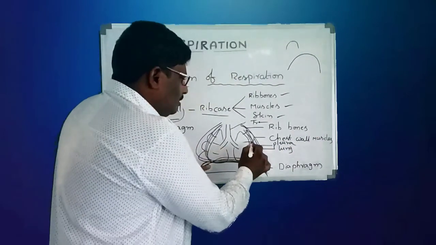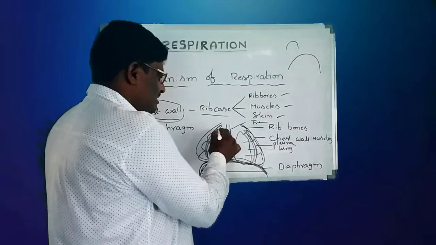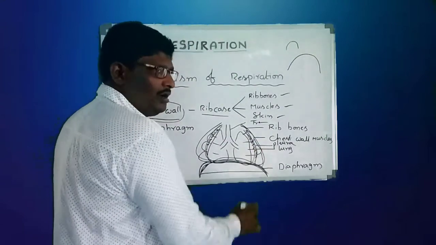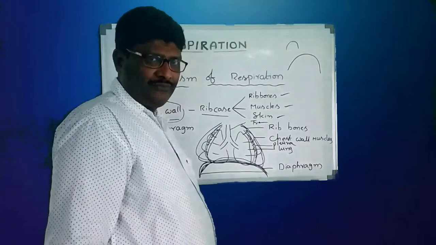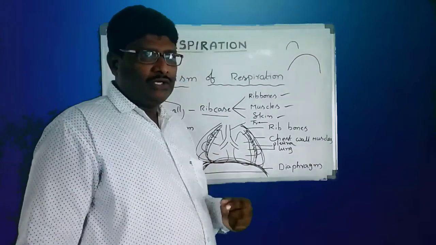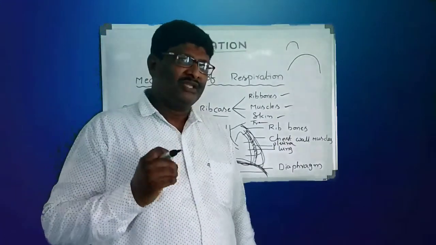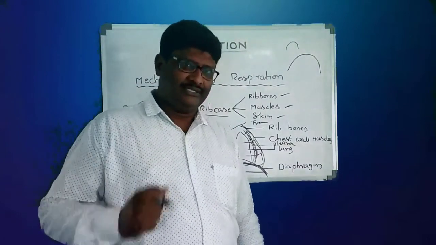In between these two membranes, there is a liquid material. This liquid material is called pleural fluid. What is that? Pleural fluid. What is the use of this pleural fluid? When we are exposed to some physical shocks, sometimes somebody hits us. Is it right?